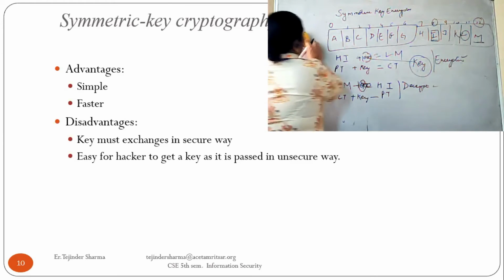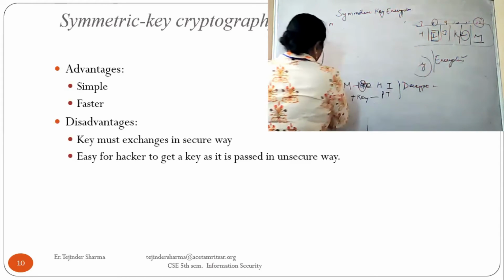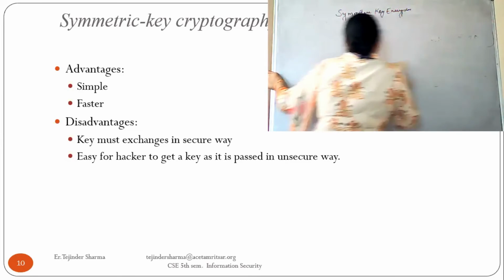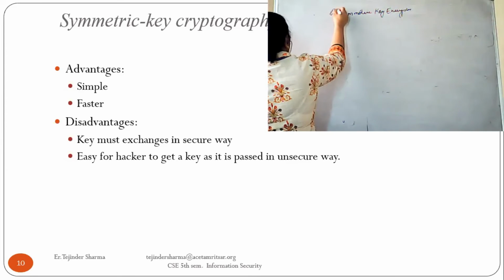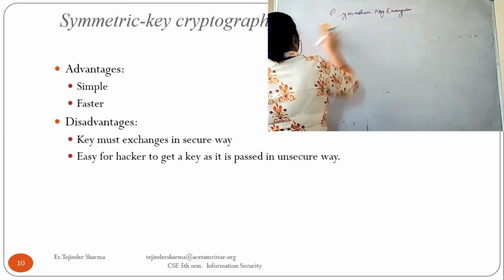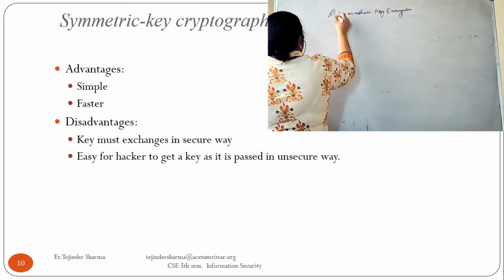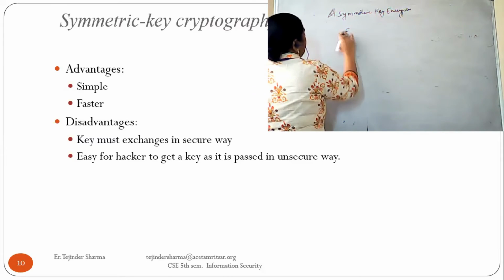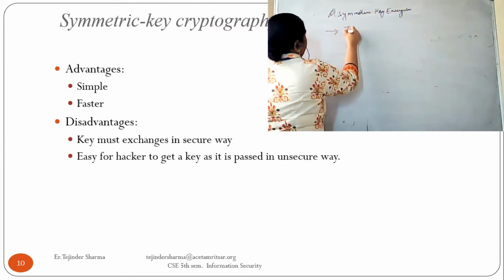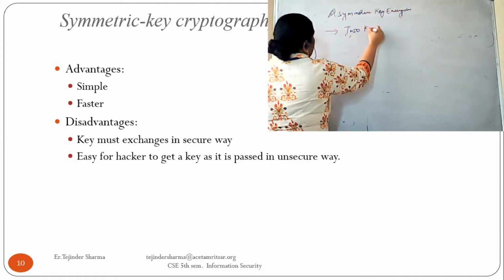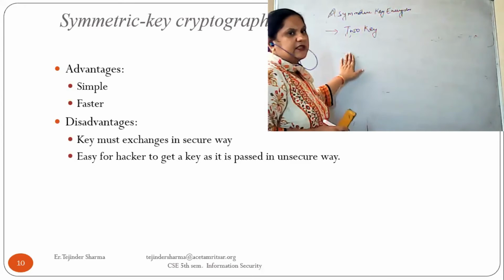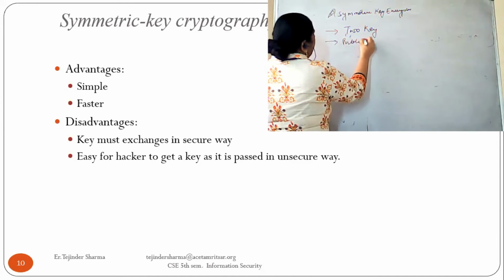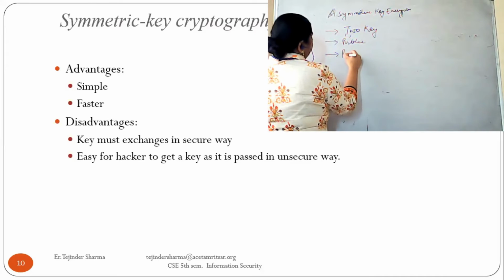Now asymmetric encryption. Asymmetric encryption has two keys. One is public, another is private.